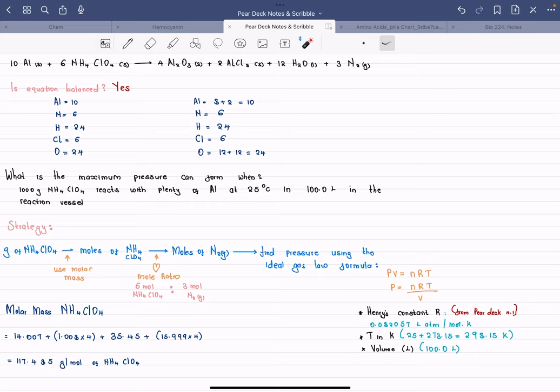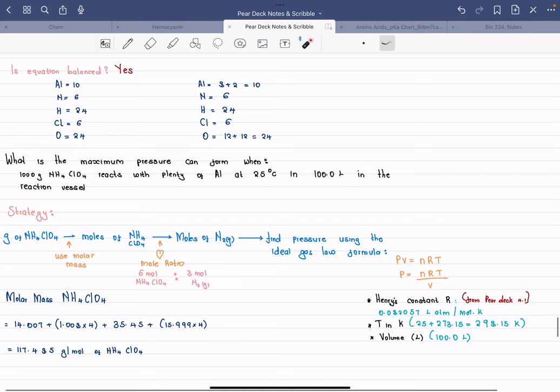And in this way, I will first convert the grams of ammonium chloride into the moles of ammonium chloride. I am gonna do that by using the molar mass as my conversion factor.